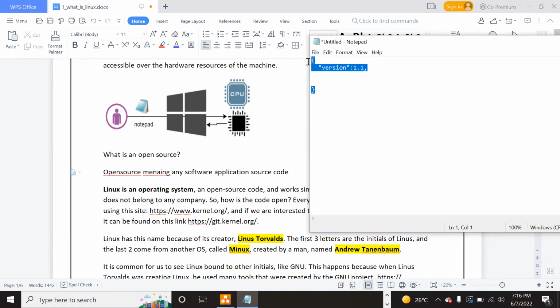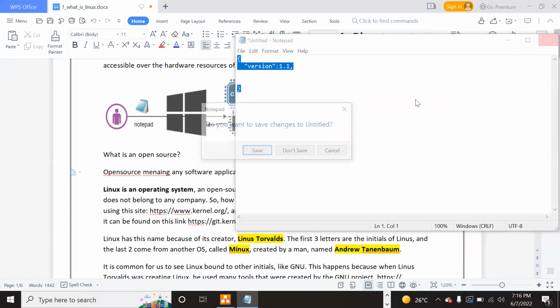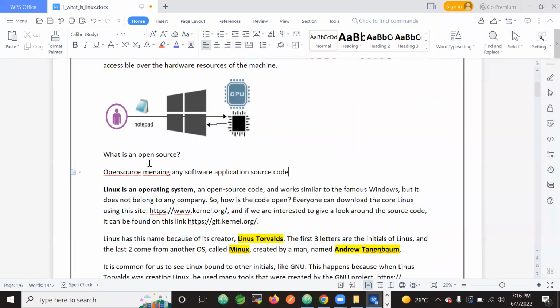If they can be interpreted by any programming language or scripting language, then that is called source code. So similarly, what is open source? Open source means any software application's source code, the lines of code, the instructions.